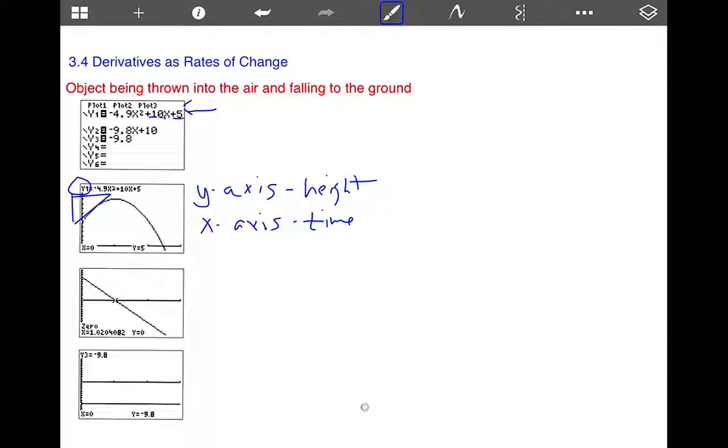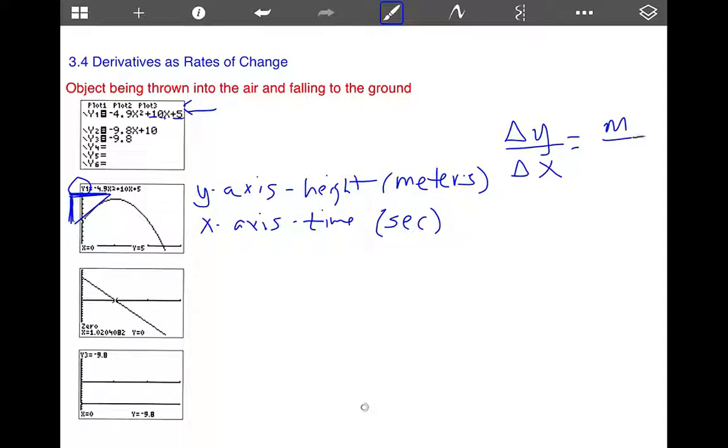So if I were to take the change in y and divide that by the change in x and calculate the slope, I'm going to get my height, which is in meters, being divided by time in seconds. So when I take the change in y and divide it by the change in x, I'm going to get meters per second.